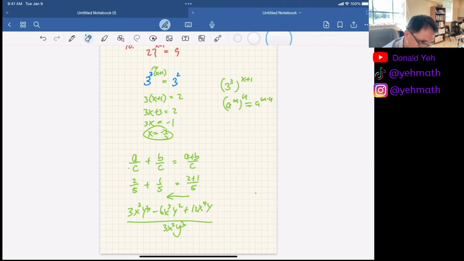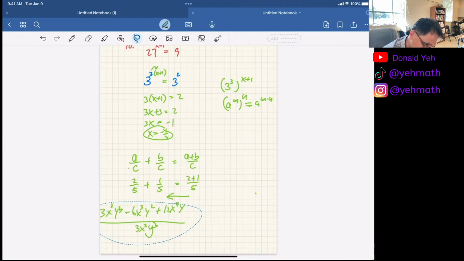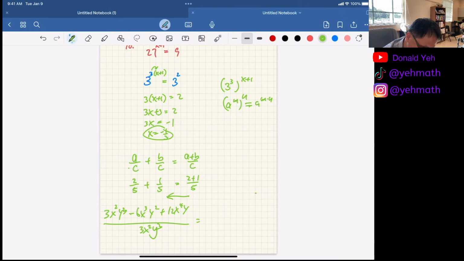So that is equal to 3x squared y to the 3rd over 3x squared y to the 3rd, minus 6x cubed y squared over 3x squared y to the 3rd, plus 12x to the 4th y over 3x squared y to the 3rd.